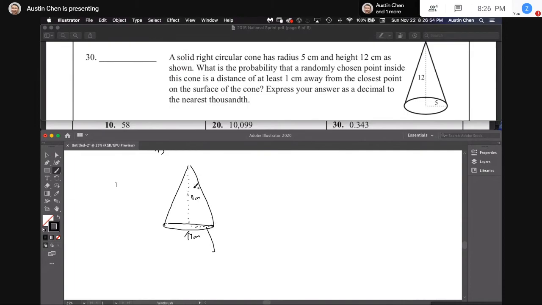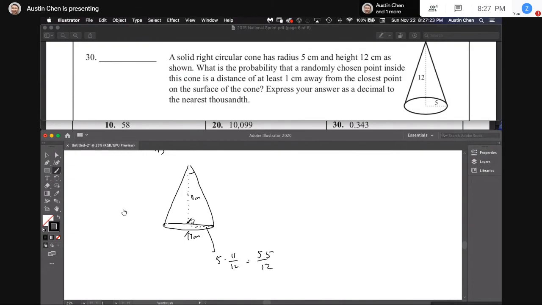The ratio of the sides are still going to be the same because we just have a slightly scaled down version of our original cone. You can all see it in similar triangles. This angle is the same, and this angle is still a right angle. So those two triangles are going to be similar. Then this new radius will be 5 times 11/12, which is 55/12.